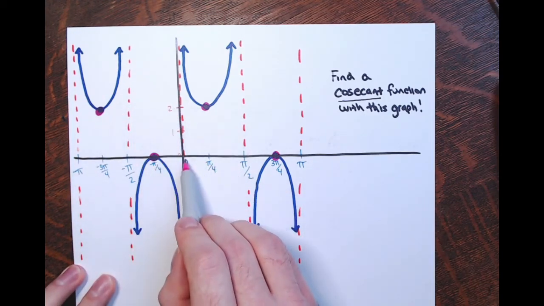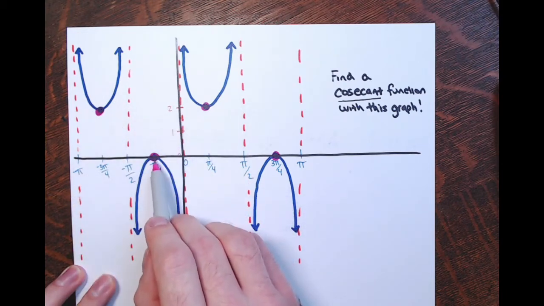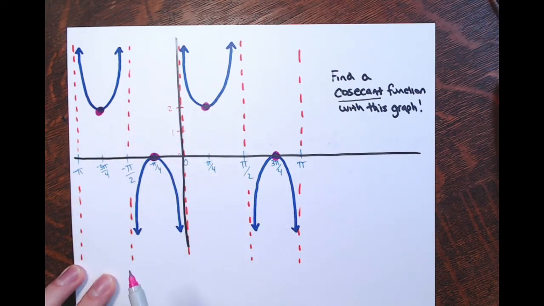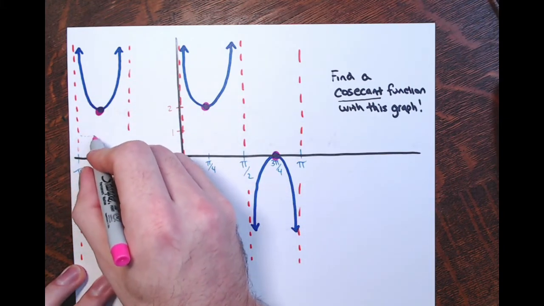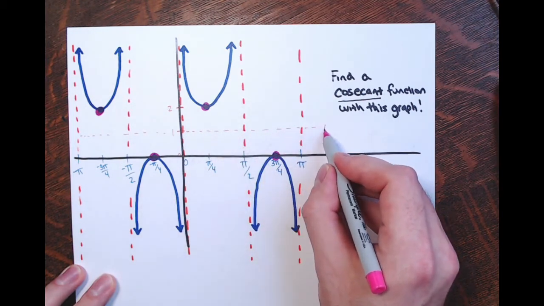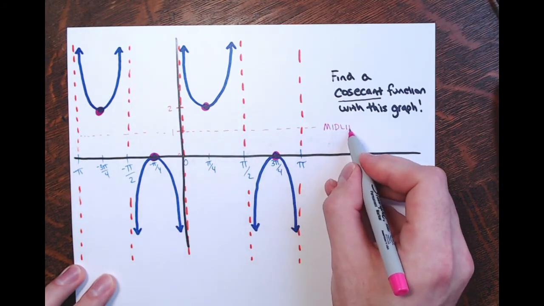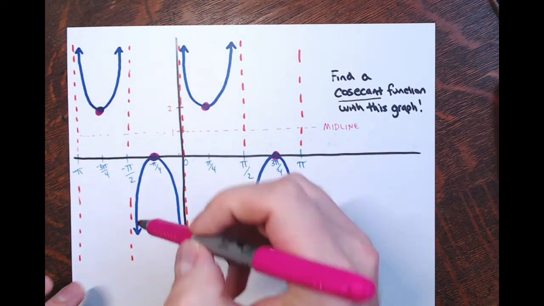This is at 0. So the peak of my sine wave will be at 2. The bottom of my sine wave will be at 0. The midline then is at 1. So the middle of those is at 1. I'll put a little dotted line here. Here's the midline for the sine wave. It's exactly halfway between these u shapes.